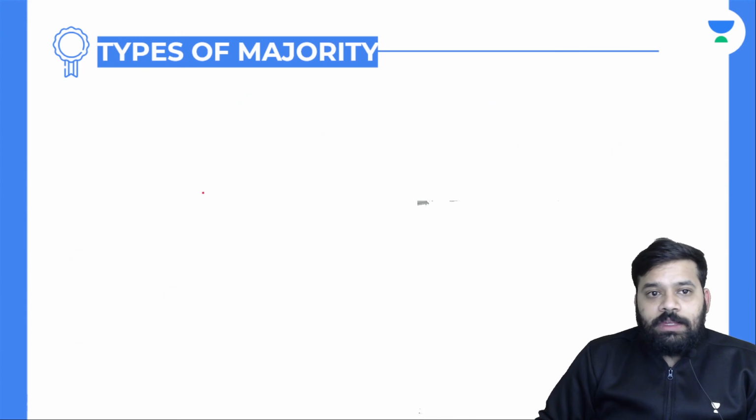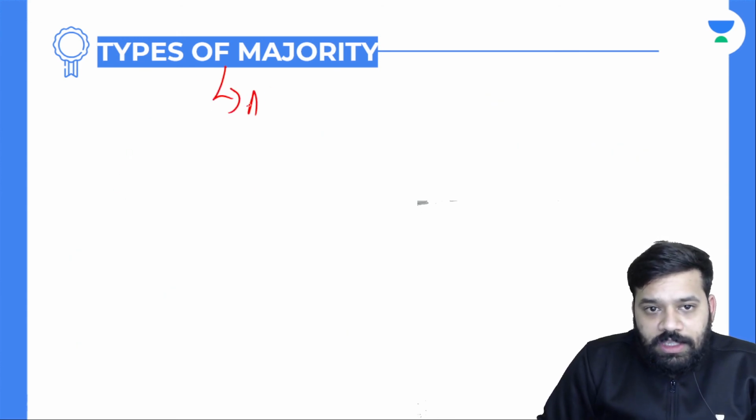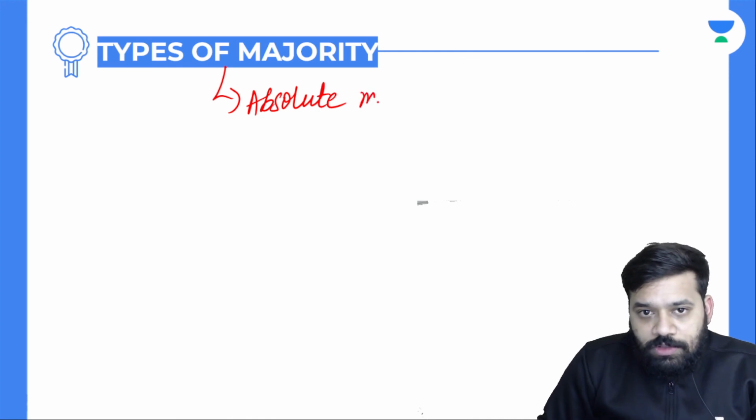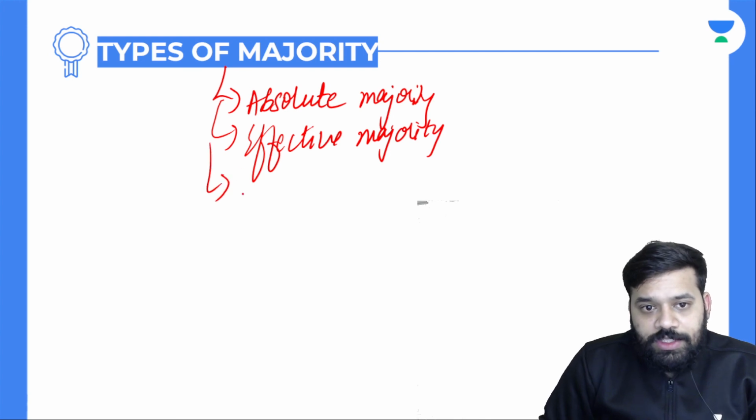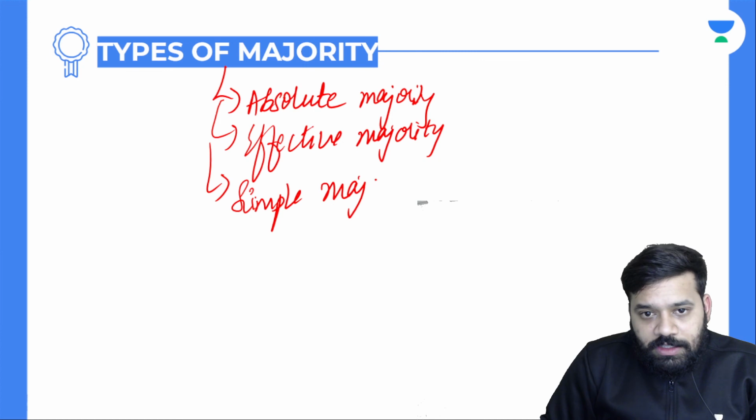So do tell me, in which cases do you use absolute majority? Effective majority? In which case do you use simple majority?